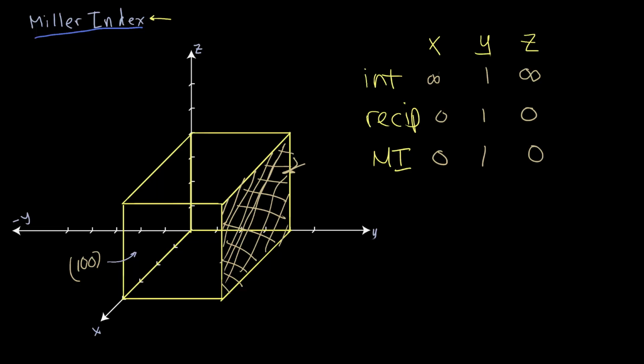This plane, this right face, as we would call it before, is the 0, 1, 0 plane. Now we have the three faces of the crystal here all defined. We have the 1, 0, 0 plane, the 0, 0, 1 plane, and the 0, 1, 0 plane.